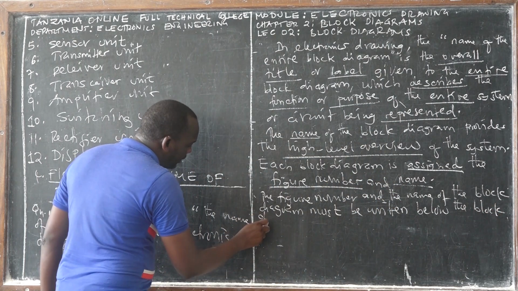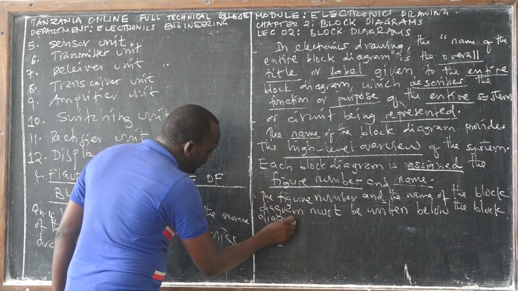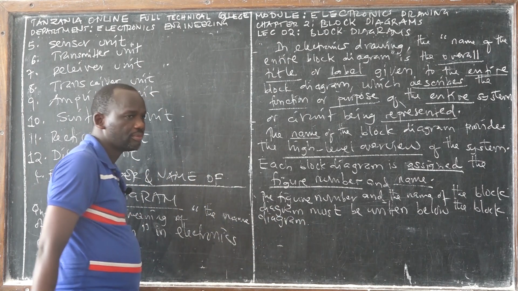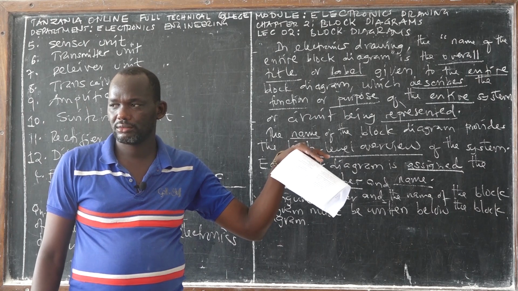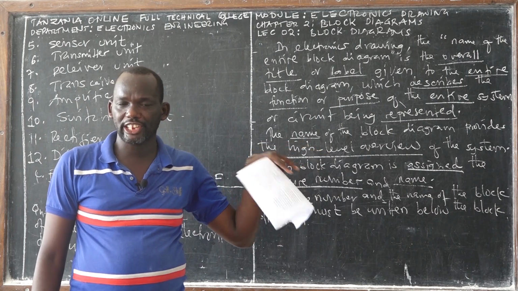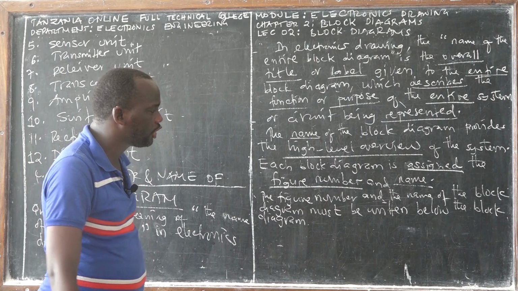So you write the figure number and name of the block below the block diagram, not on top of the block diagram. Those are the rules, IEEE rules. Say IEEE rule.